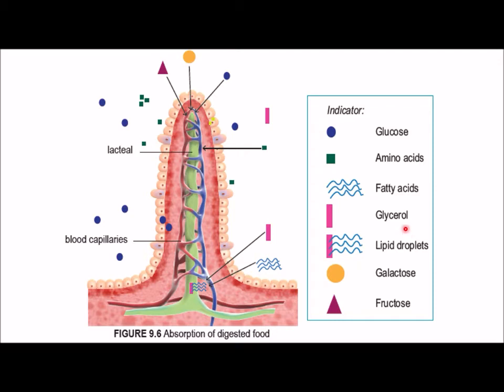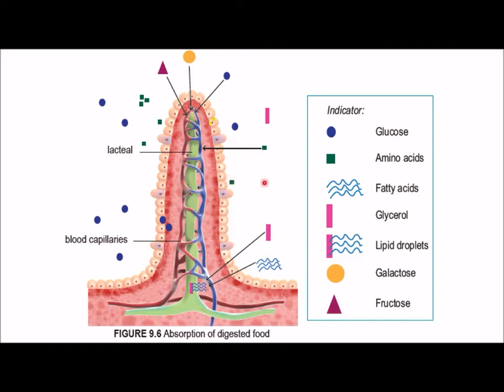The nutrients can be divided into two types, which are water soluble and lipid soluble. Water soluble nutrients are glucose, amino acid, galactose, fructose, and vitamin B and C. These nutrients will diffuse through the epithelial cell into the blood capillaries. And blood capillaries is part of the blood circulatory system.